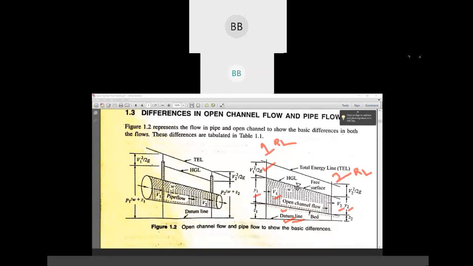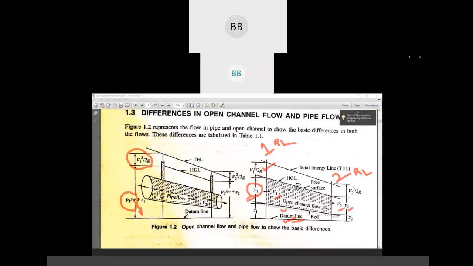So in pipe flow, our kinetic energy head is the same as in open channel flow. But when we talk about potential energy head in pipe flow, it is P by w, where w is your specific weight, or you can say unit weight. But in open channel, our potential energy is the depth of flow y1.